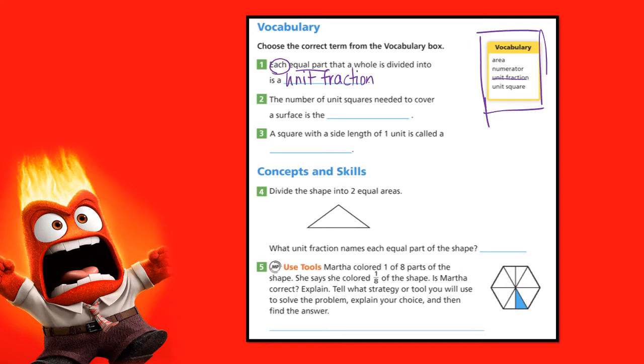Number 2, the number of unit squares needed to cover a surface area is the blank. That's the area, boys and girls. The area is the number of unit squares that you need to cover a surface.